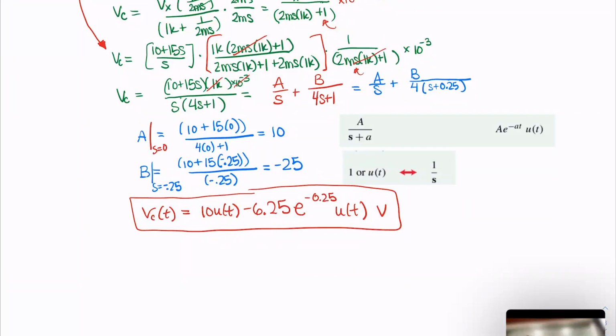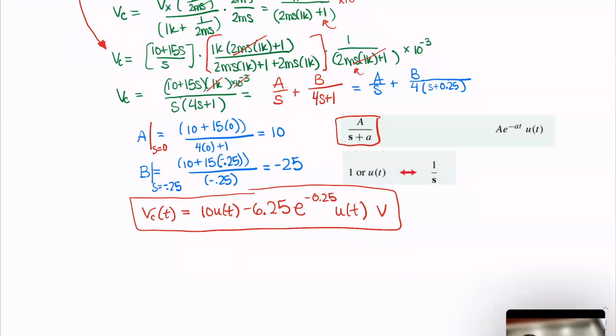So I plug in 0 and multiplied the VC by S. And so 10 plus 15 times 0 over 4 times 0 plus 1 ends up being 10. And then for B, solving that, I get S is equal to minus 0.25. So I plug in the minus 0.25, that gives me minus 25.